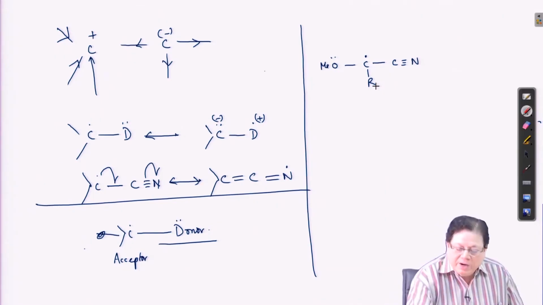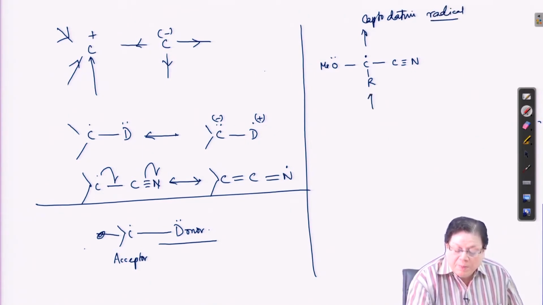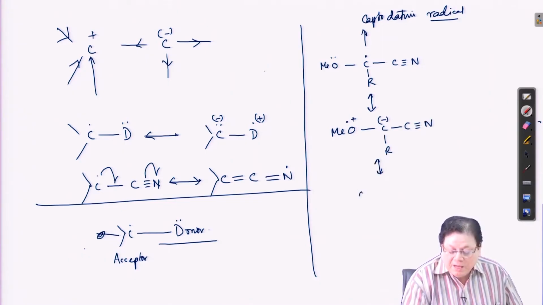By the way, this radical is what is called a captodative radical. Maybe I have mentioned it earlier also. Captodative radical, and their stability comes from resonance like this. First of all, there will be a resonance with the donor, that makes the carbon negative, and then the negative carbon can be delocalized with the cyanide.